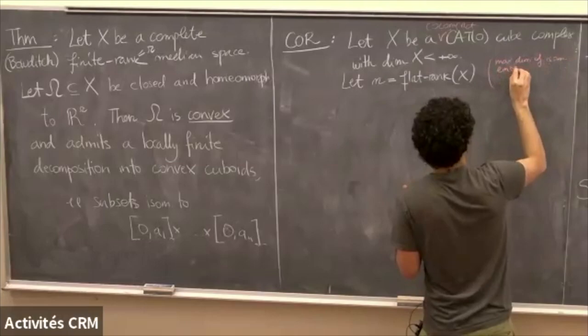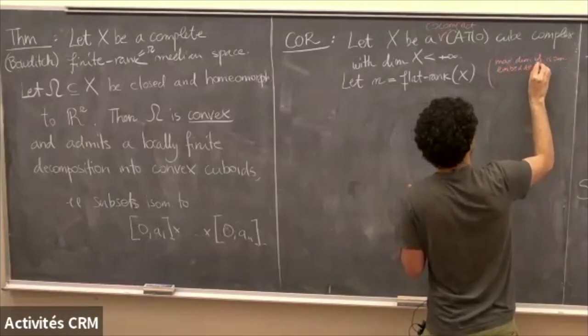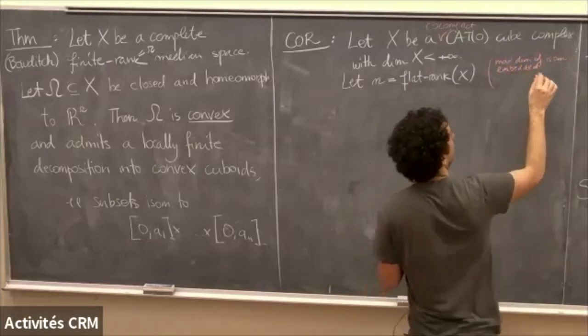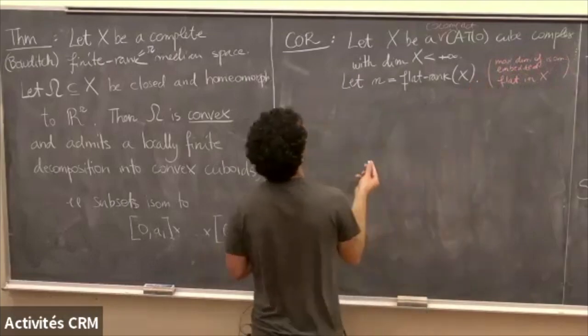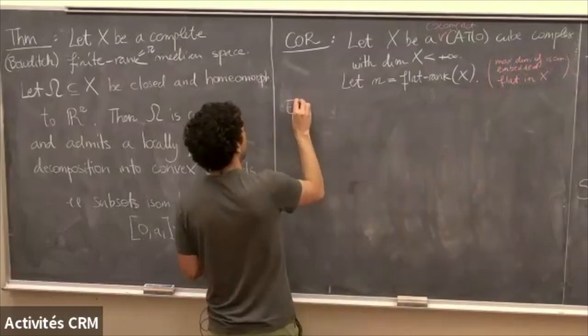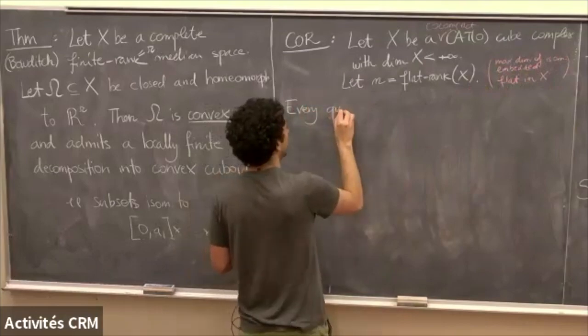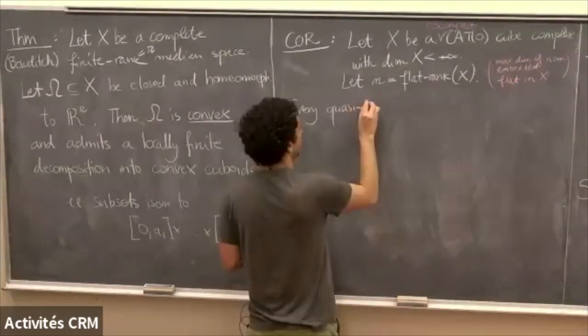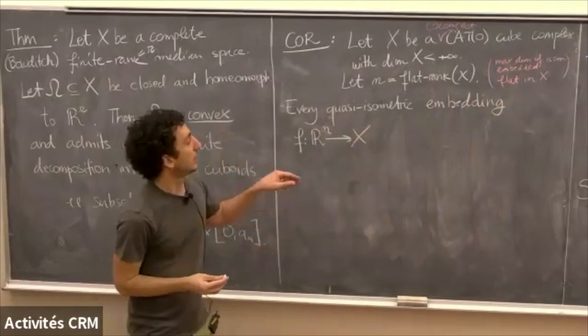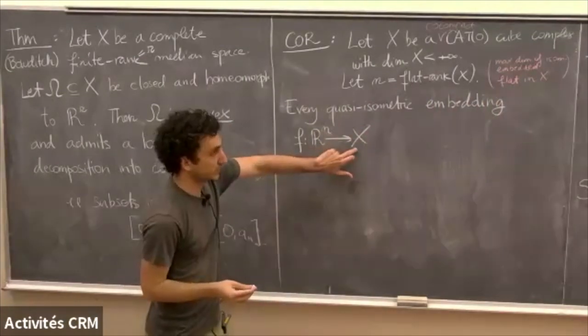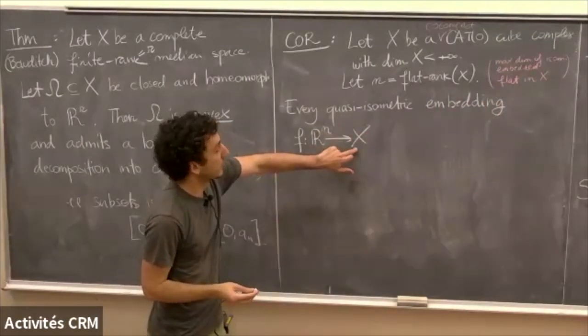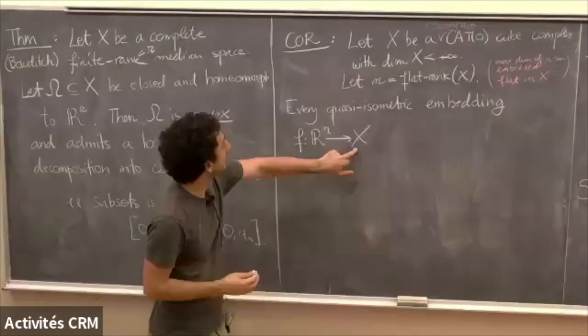Then every quasi-isometric embedding of a flat of that dimension, and quasi-isometric of course does not depend on the specific metric on X, whether it's L1, L2, or whatever.